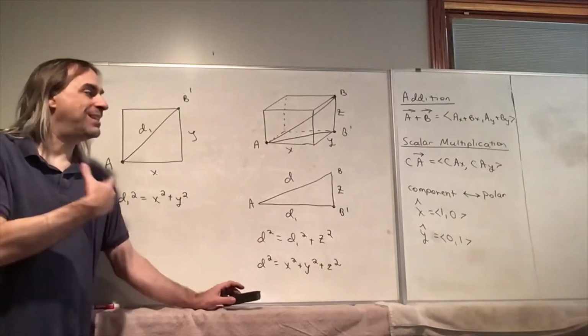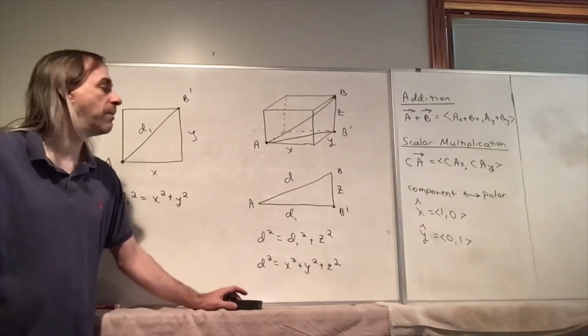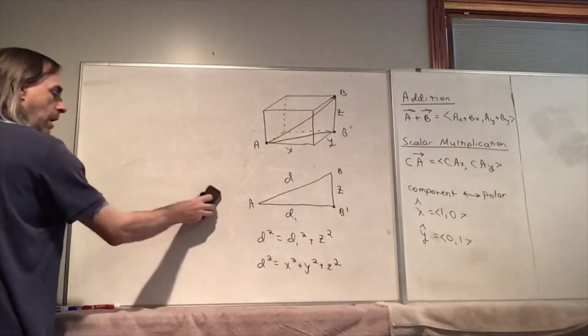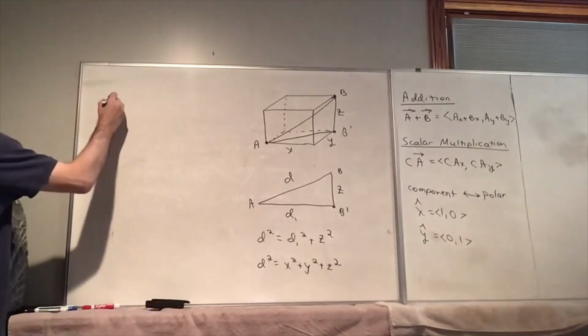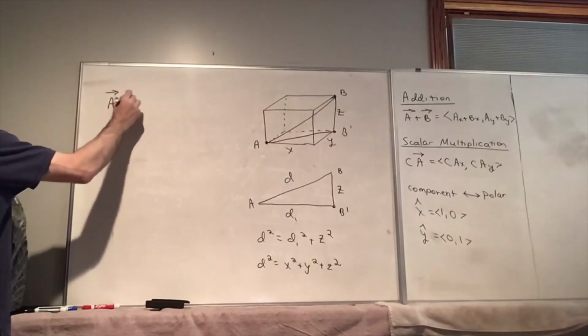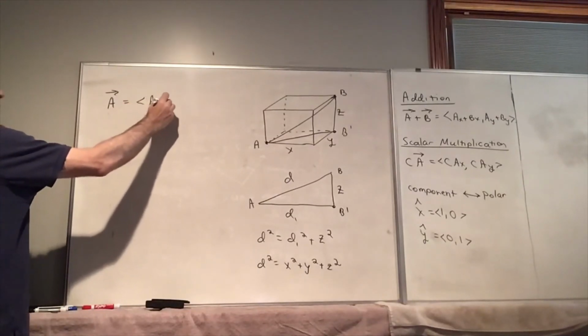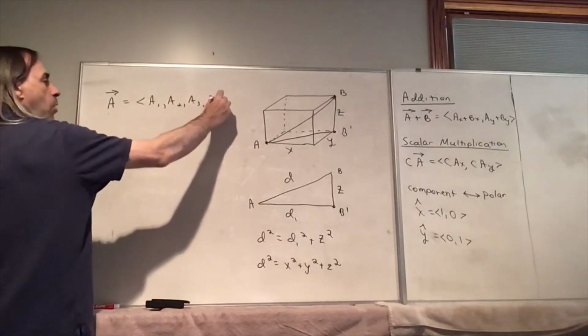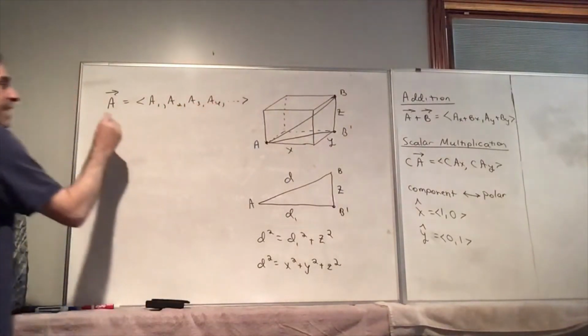And again, we define the magnitude of a vector regardless of the number of dimensions. You could have a vector with, say, 100 dimensions or whatever. Say it has A1, A2, A3, A4, and so on, however many dimensions it has.